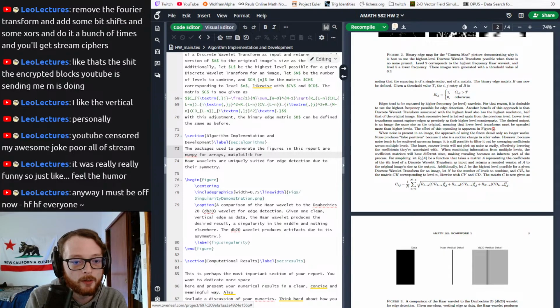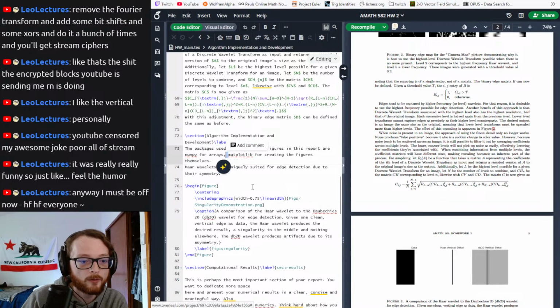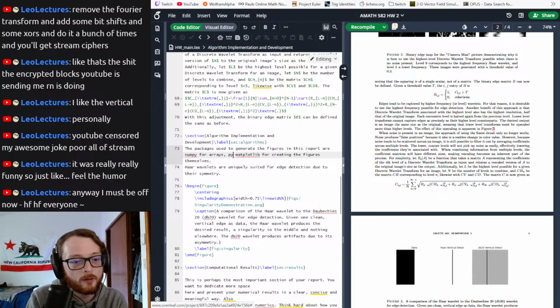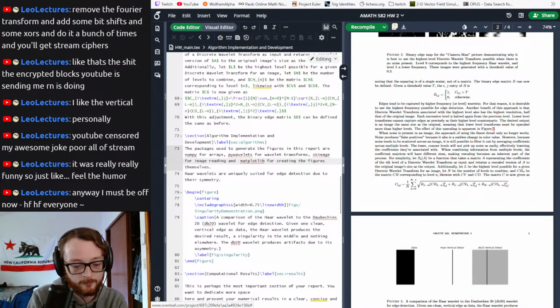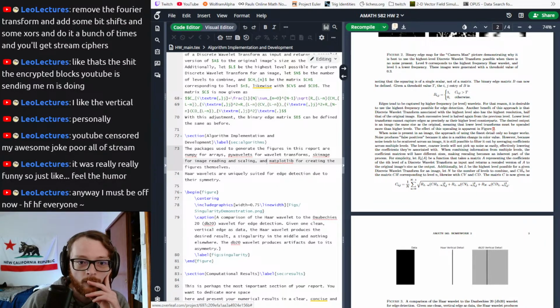Matplotlib for creating the figures themselves. Actually, that one should come last. PyWavelets for wavelet transforms. scikit-image for image reading and scaling. And Matplotlib. Did I miss any packages? Nothing important.